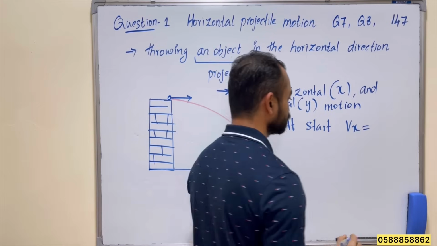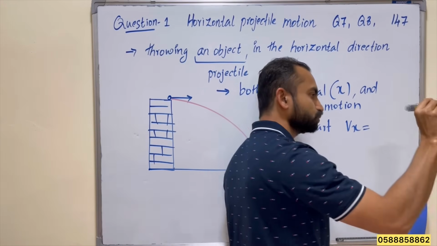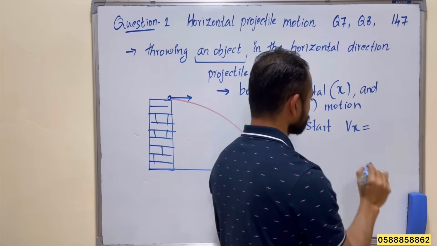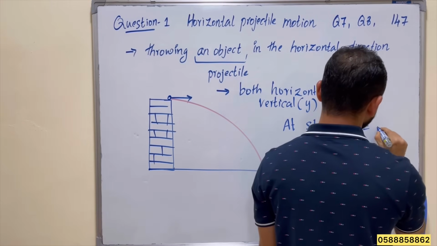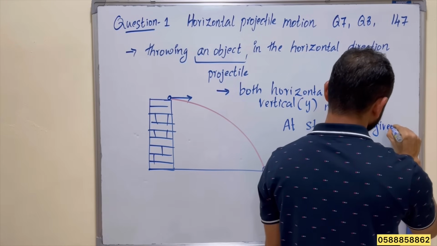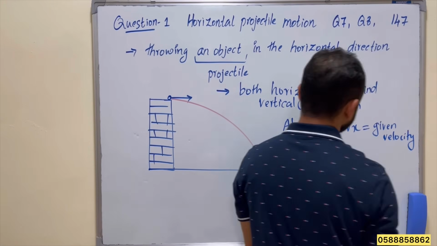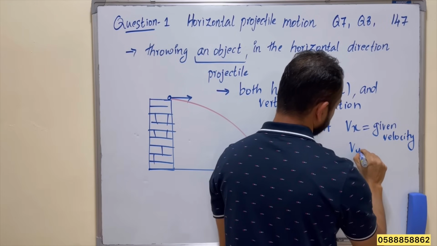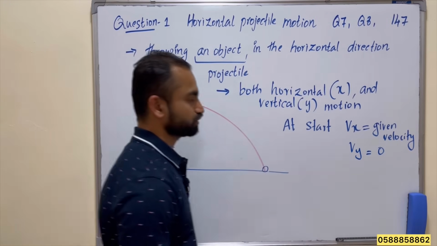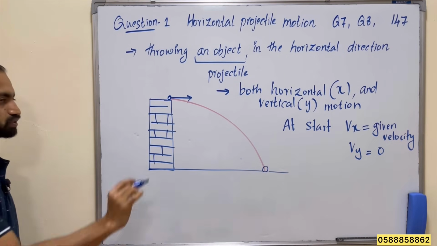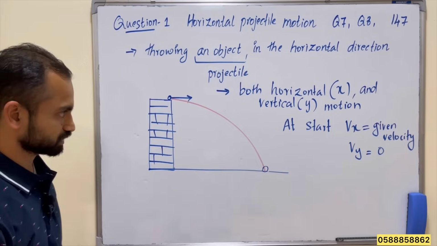So I will write the given velocity. Horizontal velocity Vx is equal to the given velocity, and vertical velocity Vy is equal to 0 at the beginning, because you are throwing it in a horizontal direction.